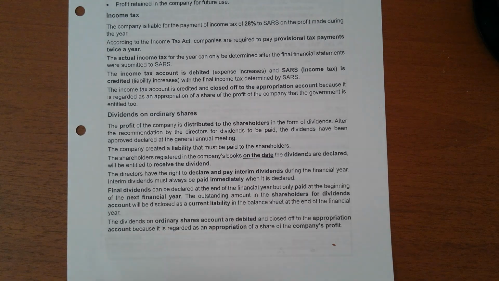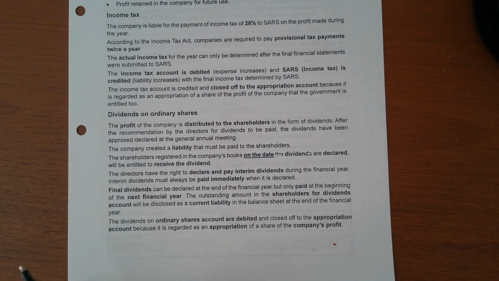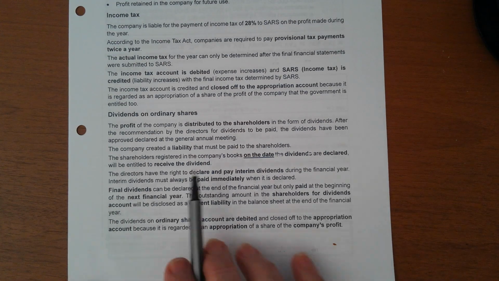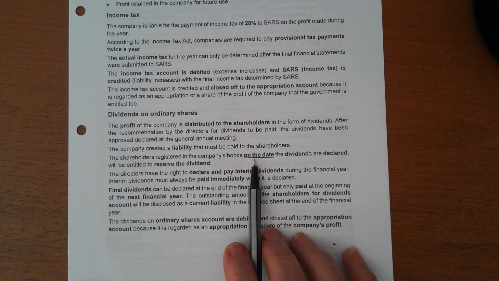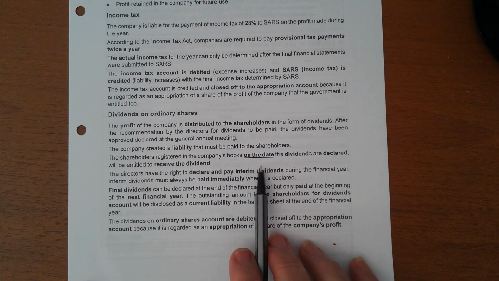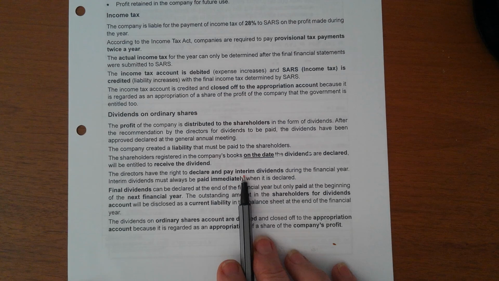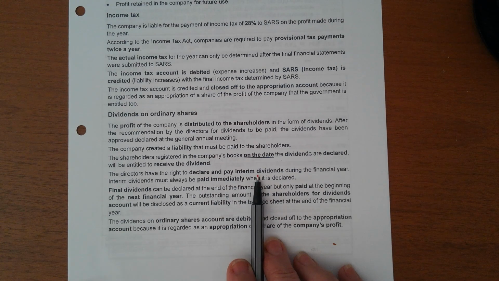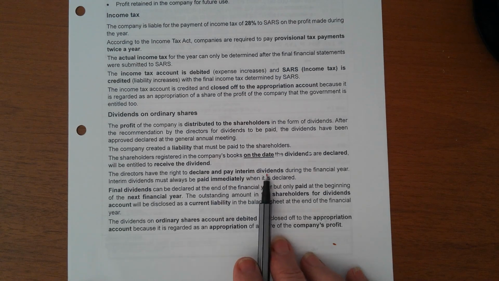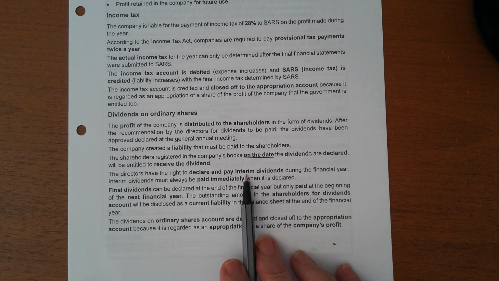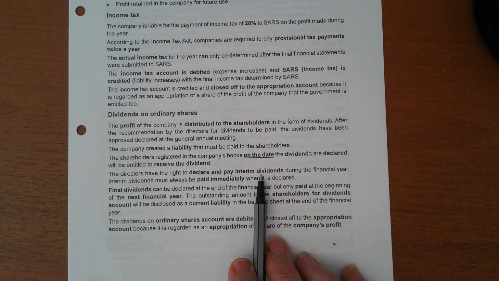The interim dividend will always be in the middle of the year, and it will always be paid immediately. Only the shareholders that are listed in the company's books on the date the dividend is declared will be entitled to a dividend. So say for instance we declare an interim dividend on the 31st of August, then all the shares that were already issued will receive that interim dividend.